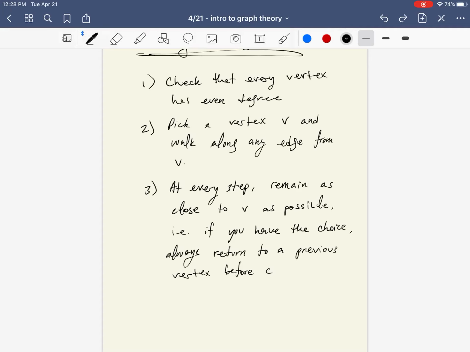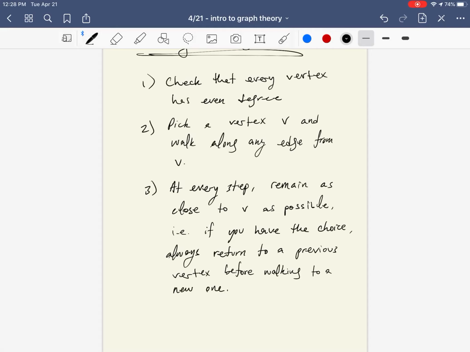Before walking to a new one. We actually do talk about walks in graph theory. So lots of graph theoretical subjects have very intuitive names, which is cool. Okay, always return to a previous vertex before walking to a new one.